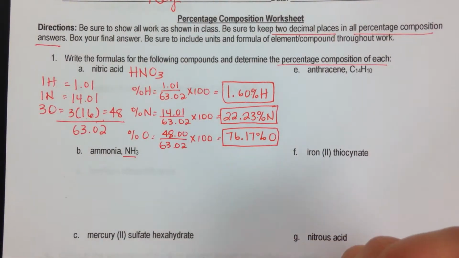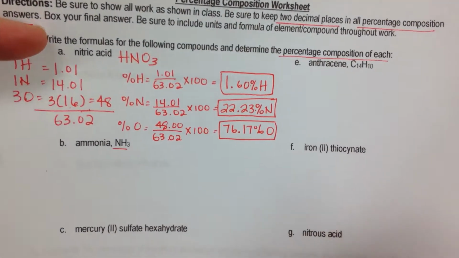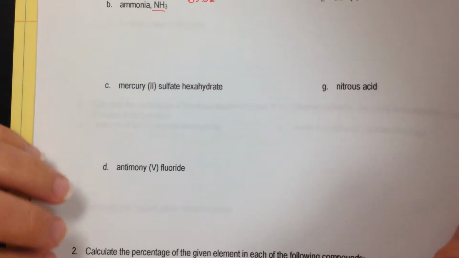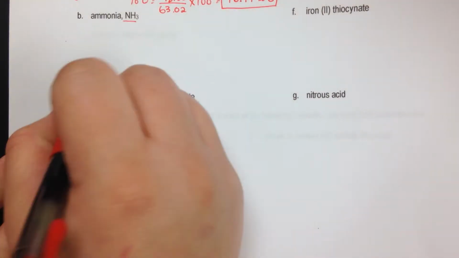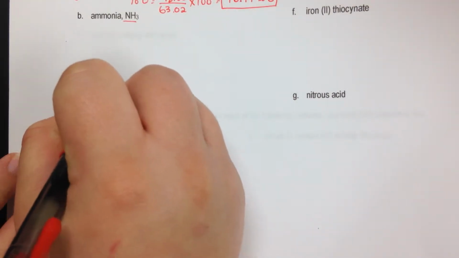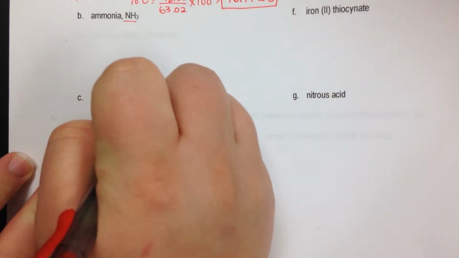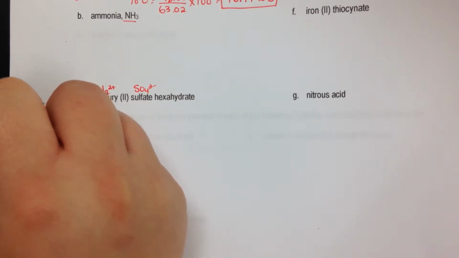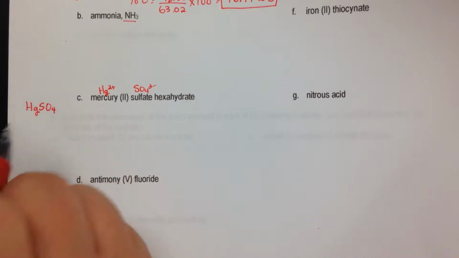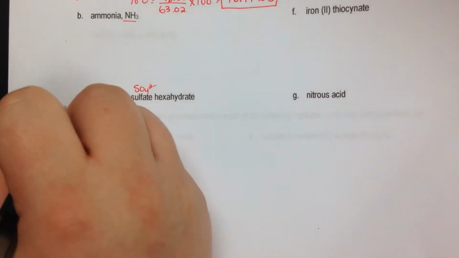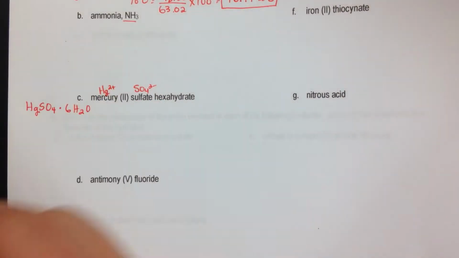I'm going to jump down to C, dealing with a hydrate, and you may need a little bit of room here, so write small. Mercury 2 is Hg2+, sulfate is SO4 2-, so when I write this compound, a 2+ and a 2- cancel out, so that's the mercury 2 sulfate portion. Hexa is 6 waters.